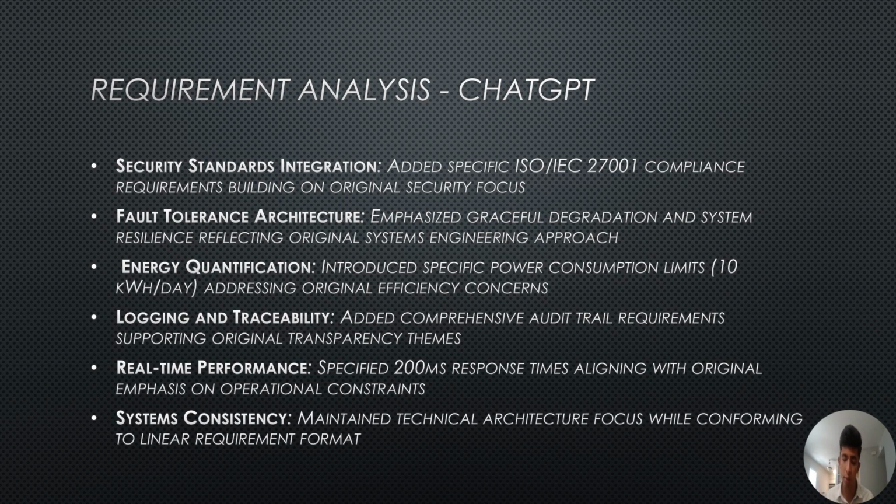So these requirements were in sync with each other, and they had a good synergy. It took exposure and references from technical documents as well as systems engineering concepts. So it told us what systems must do and how to build them for reliability and maintenance. So that is the ChatGPT take.